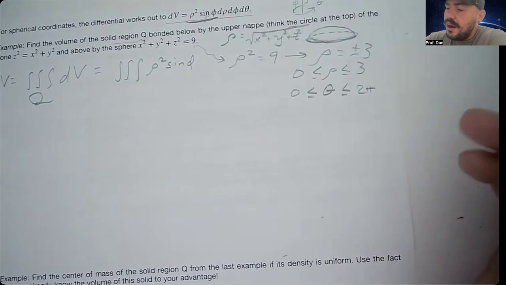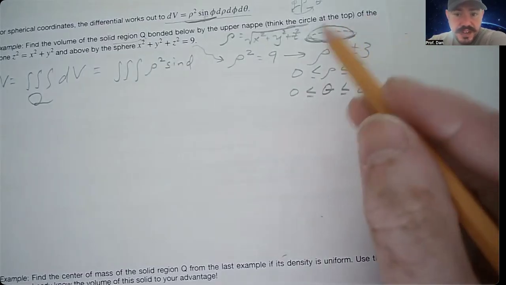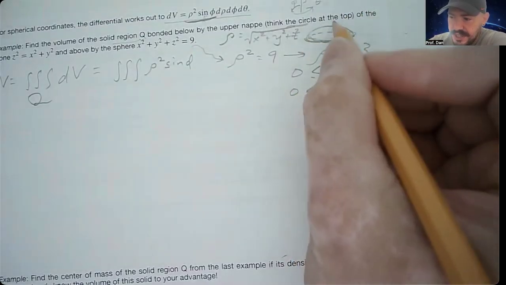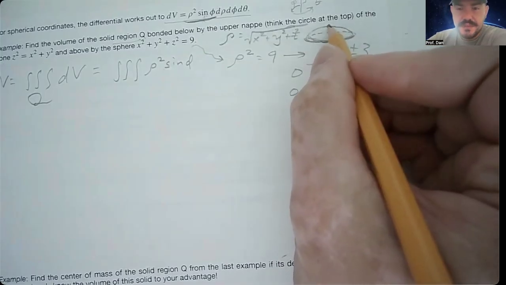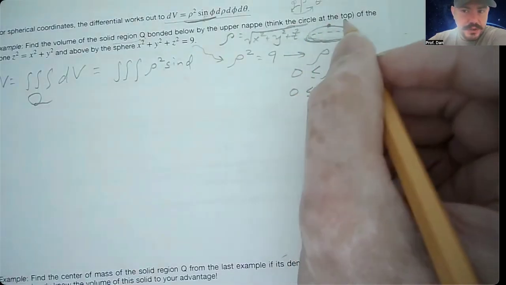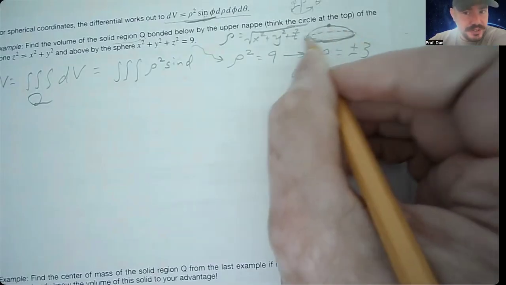Okay, all that's left now is to figure out phi, right? So remember, rho is the length of the laser beam that goes all the way up to the top of the sphere. Theta, once we've gone out by whatever the angle phi is, tells us how many radians we sweep around, right?